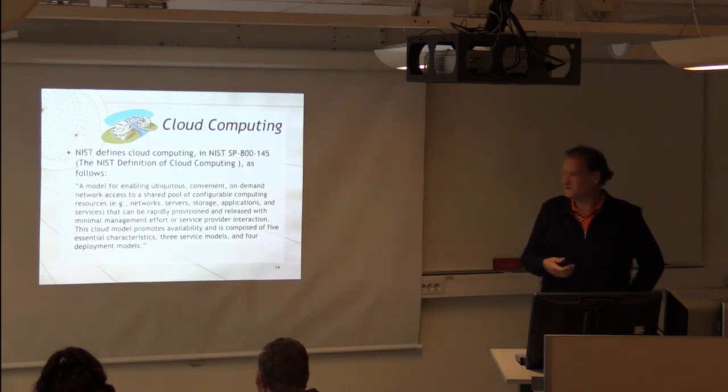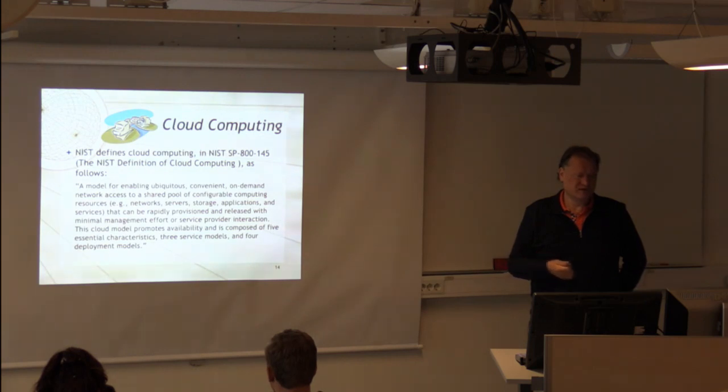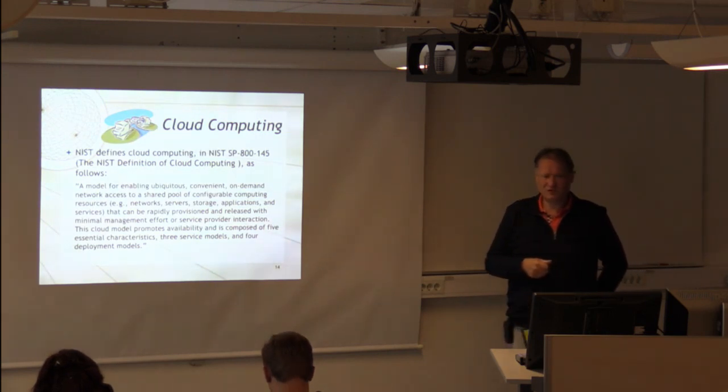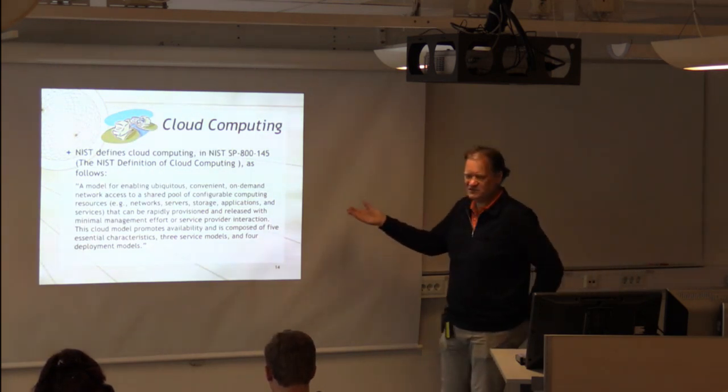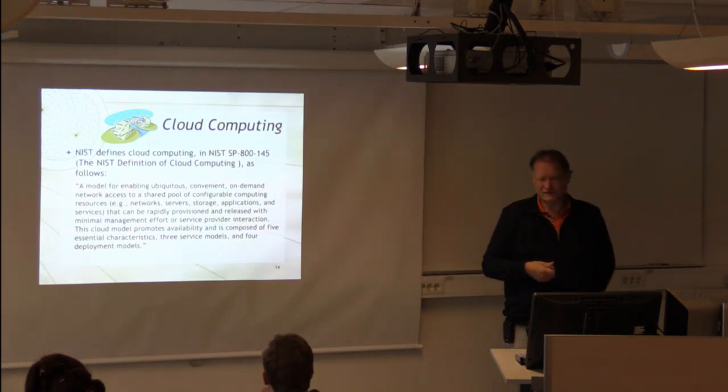Instead of having one server when I do my computation, I would like to scale it up to 100 servers to do a parallel computation. And that should be done just like that. Done, I request it, I have it. So on demand means that whenever we need something, we can just ask for it, and the cloud server will provide.